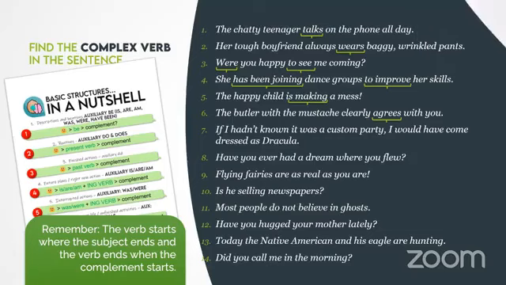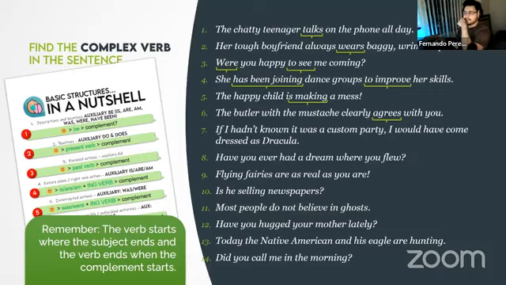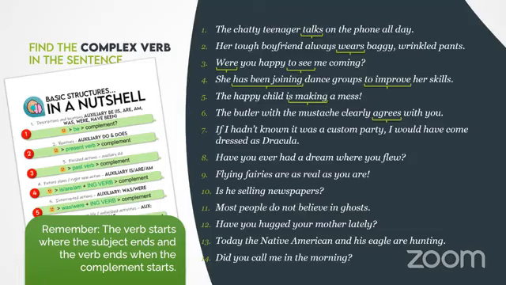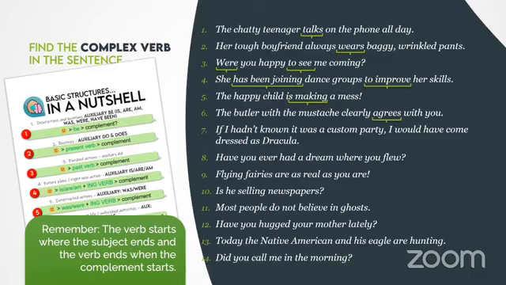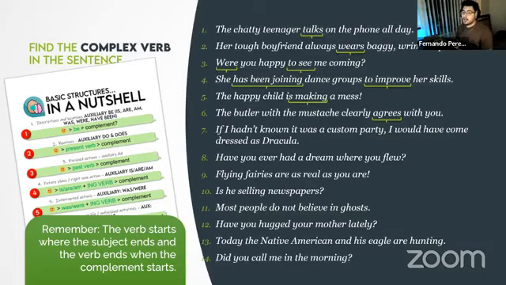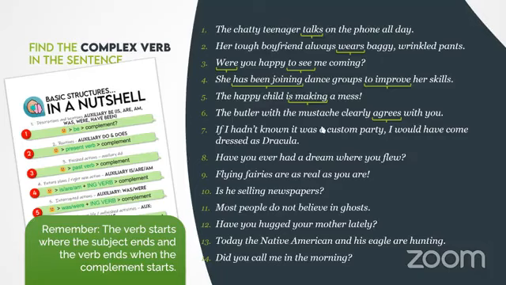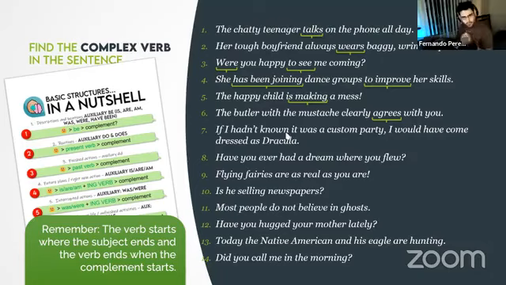The first verb is hadn't known. Don't separate the contraction. Pronunciation: known, not no. No is present. Known in past participle, exactly. There's an N.